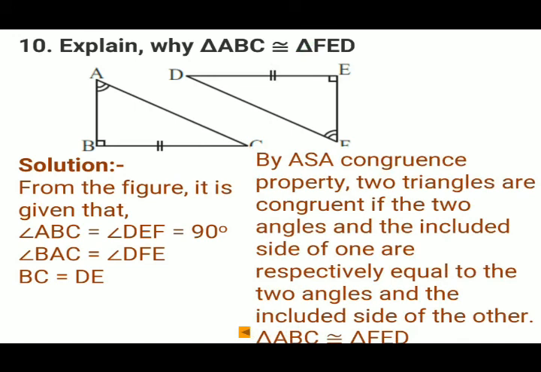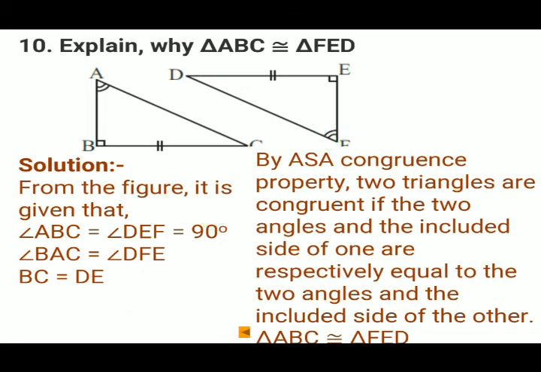So by ASA congruence, see here, first it is an angle. Here you can see the first angle. After that again we are getting an angle and one side, means which? Angle, side, angle.